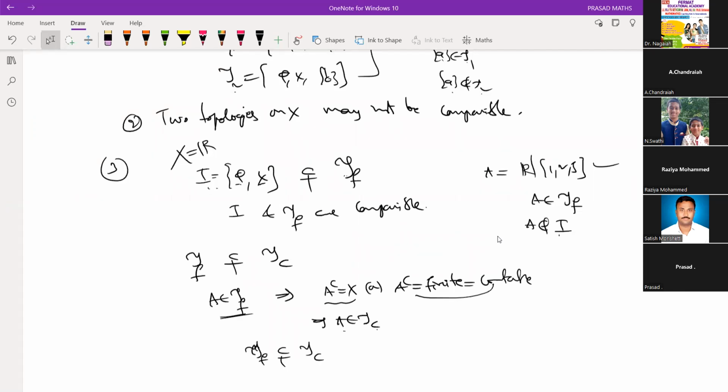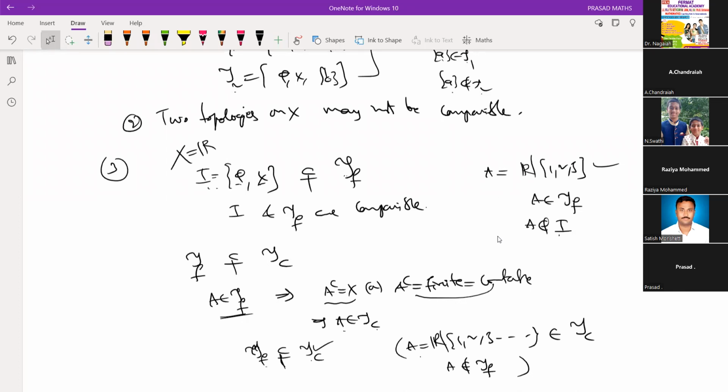This is strict. Why? Because I can find an open set with respect to co-countable. Suppose you take A equals R minus {1, 2, 3, and so on}. It is an open set with respect to co-countable, but it's not an open set with respect to cofinite. Therefore, there exists at least one open set with respect to co-countable which is not open with respect to cofinite.